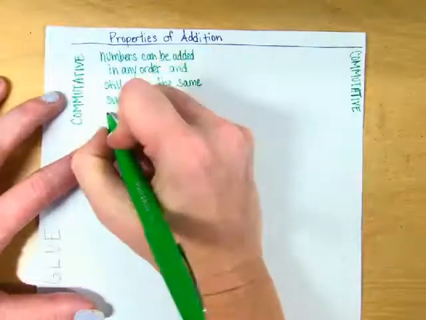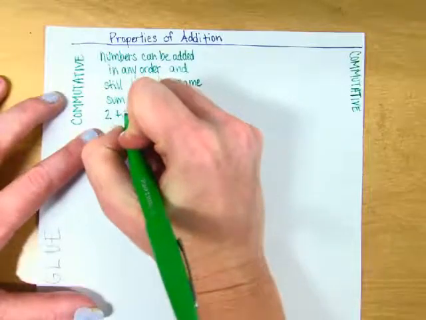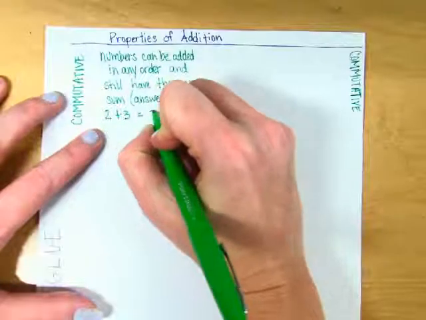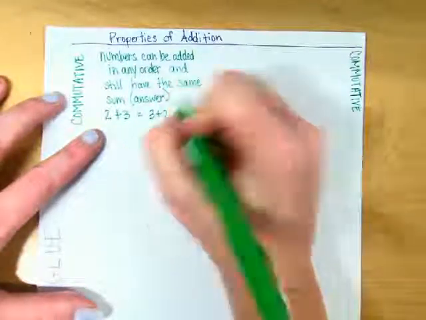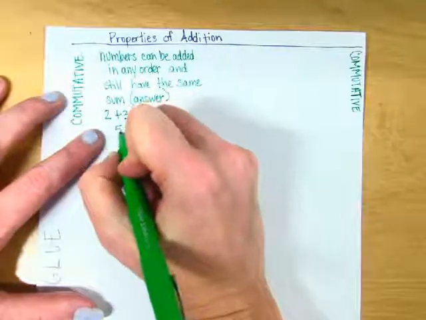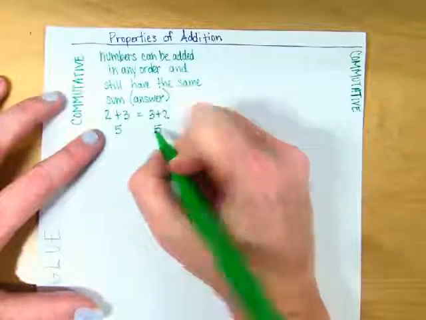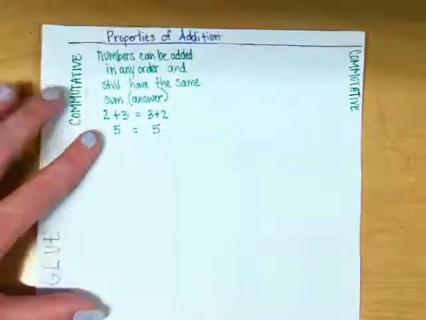So what that looks like with numbers is 2 plus 3 is the same thing as 3 plus 2, because when you add 2 and 3 you get 5, and when you add 3 and 2 you still get 5.